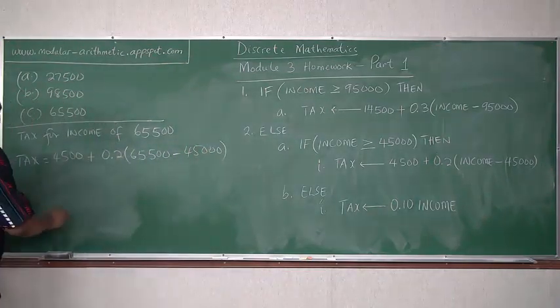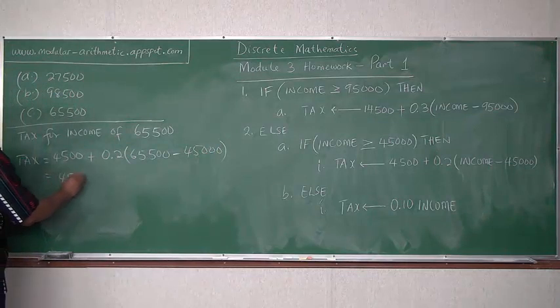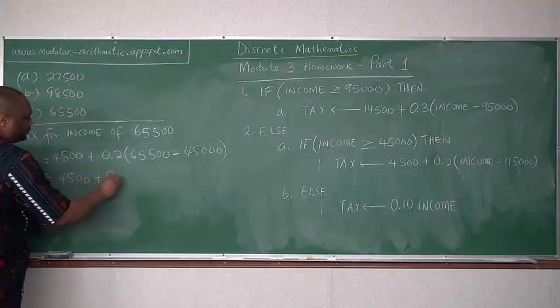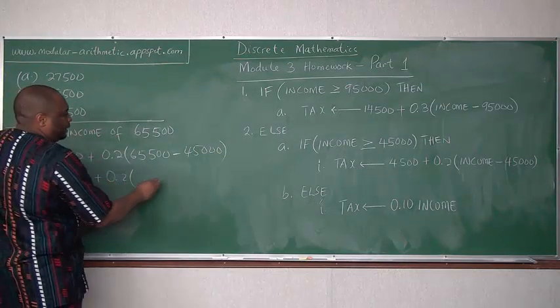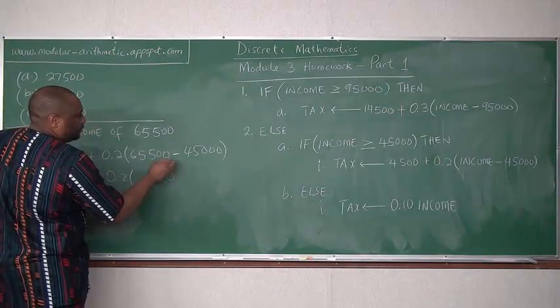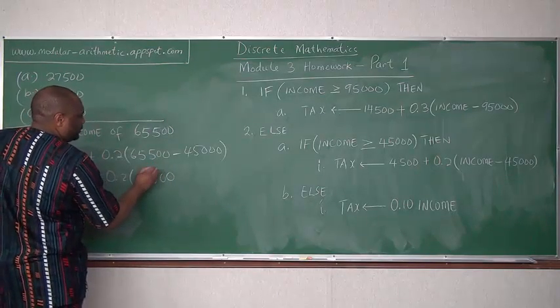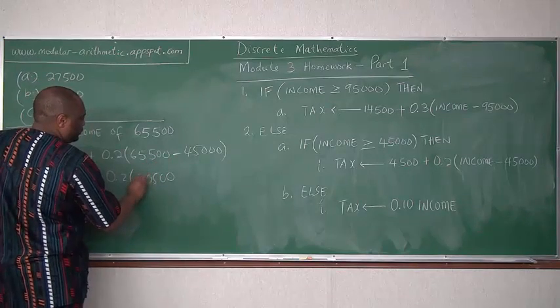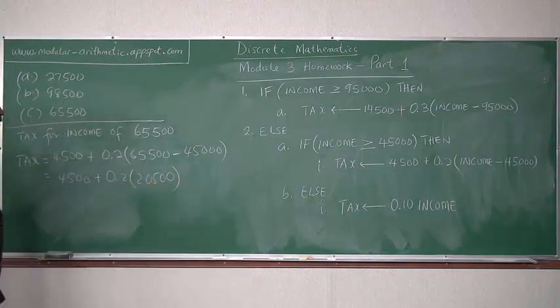Okay? And this will give us 4,500 plus 0.2 times 20,500.